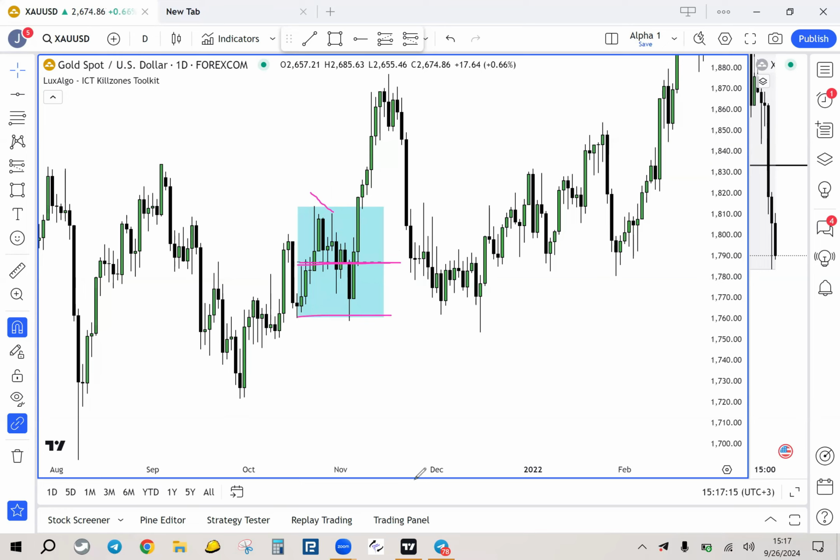And in this case, it's not going to be a break of structure to the downside. Therefore, it was a reversal here, because that was not a reversal divergence. It was a weakness divergence. It was a divergence that indicated temporary weakness on gold.